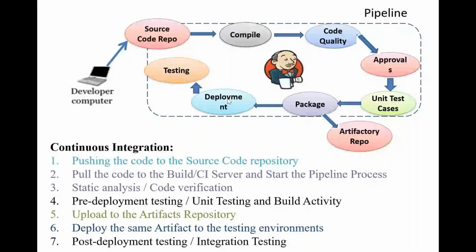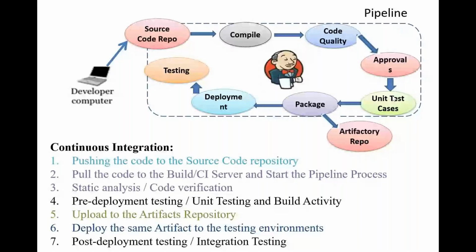Any developer committing the code, Jenkins is going to keep on monitoring, and if any update happens, immediately the code will be pulled to the build server, it will be compiled to verify that there are no errors, and then the code quality will be verified. If the code quality is okay, then it will be approved and promoted to the next stage, that is running the unit test cases.